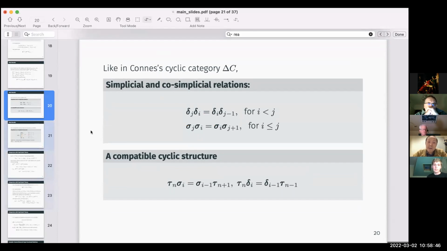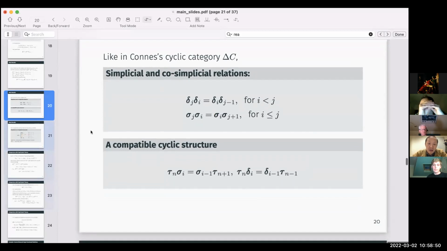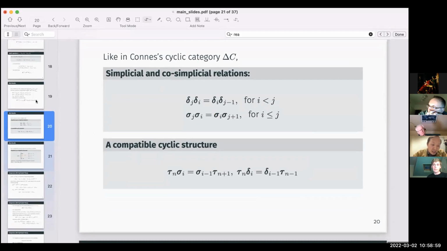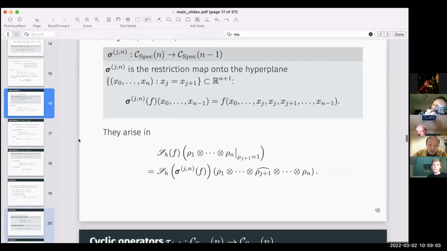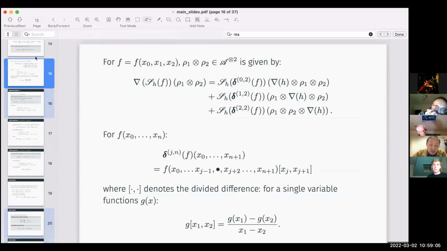Is there some analog of this in this situation? Yes, exactly. Let me go back to the transformation side.